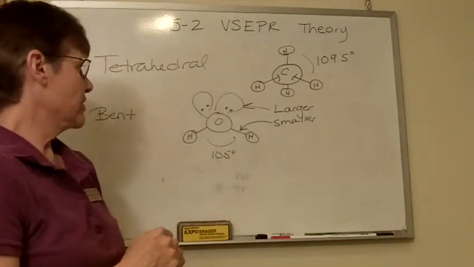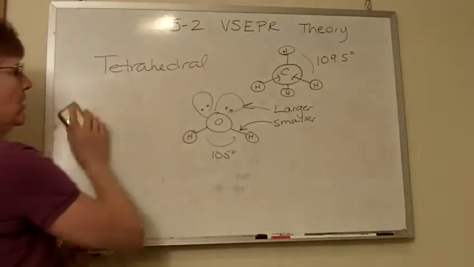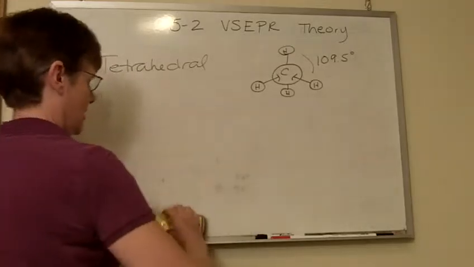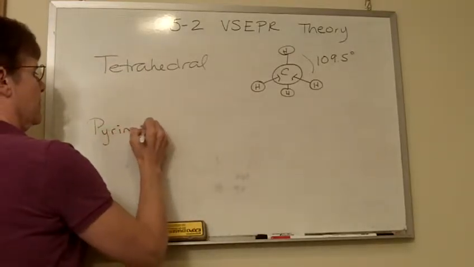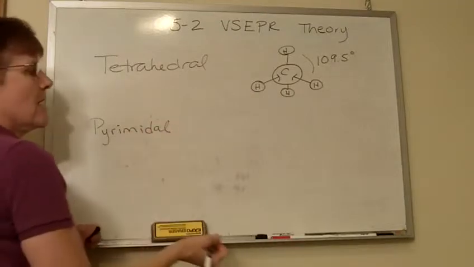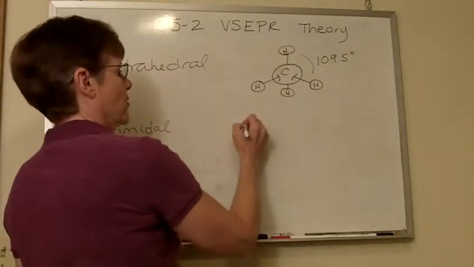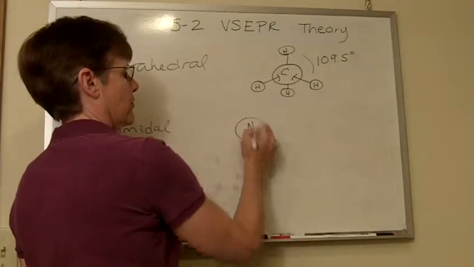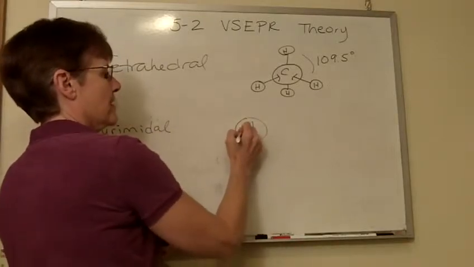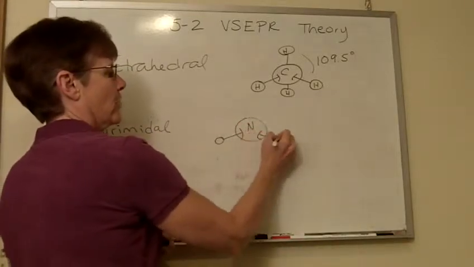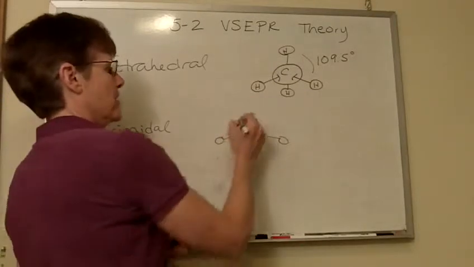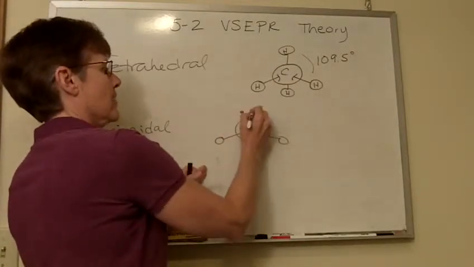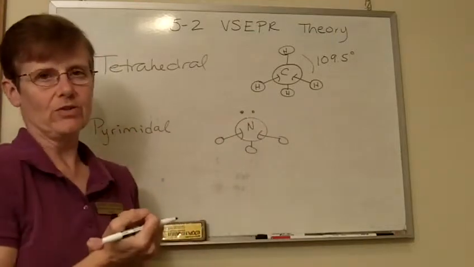Now lastly, we can have something called a pyramidal shape. I'll just erase this. Put it up here. And that might happen if you had something like nitrogen, for example. Now this needs to be drawn like a little 3-legged stool. So that's what you need to picture, a 3-legged stool. And the reason that that happens is because we have this unshared pair of electrons there.